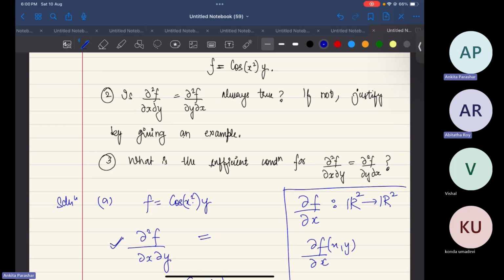Right now, I'm not getting an example like that where they are not equal. Okay, I think it has been told in the lecture class that this may not be true.